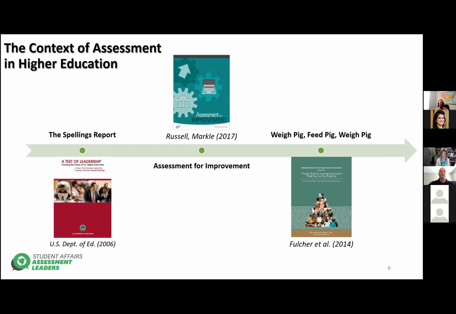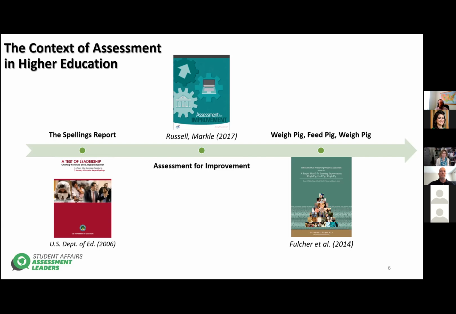This is contrasted with where many of us find ourselves now, in this improvement-based era of assessment, which is articulated really well in a NILOA position paper written by Keston Fulcher and some folks at James Madison University, my alma mater, called "Weigh Pig, Feed Pig, Weigh Pig," which is basically the mantra for this idea of, let's do assessment, let's go change some things, let's come back and see if that worked.